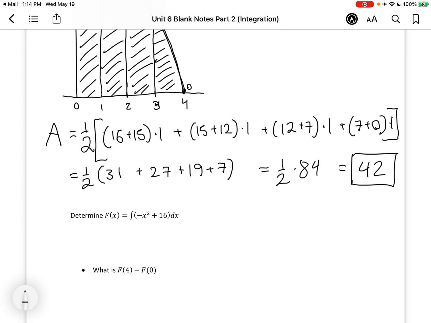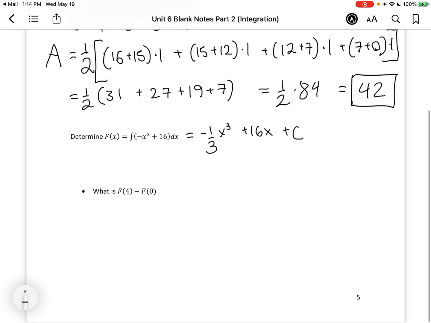Okay? So now we're going to switch gears a little bit, and we're actually going to integrate this function. So what is the integral of negative x squared plus 16? Well, that we can do. This will be negative 1 over 3 x cubed plus 16x plus c. Okay? So what is F of 4 minus F of 0? This might be kind of weird, but just go with me on this.